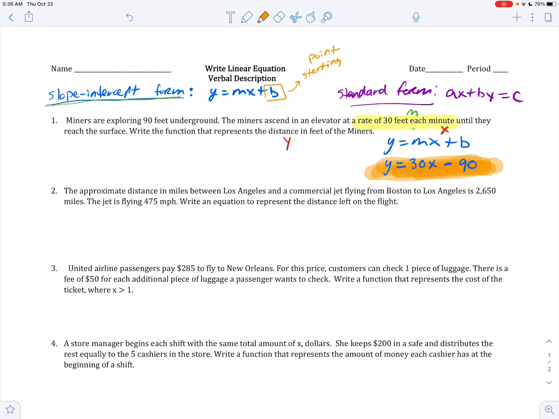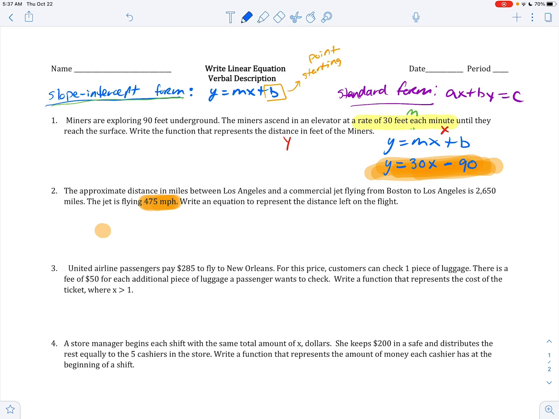All right, we got quite a bit here in this information, right? Remember, we always got to determine an x, a y, right? And we see this 475 miles per hour. Whenever we see per, each, that's telling us the slope.